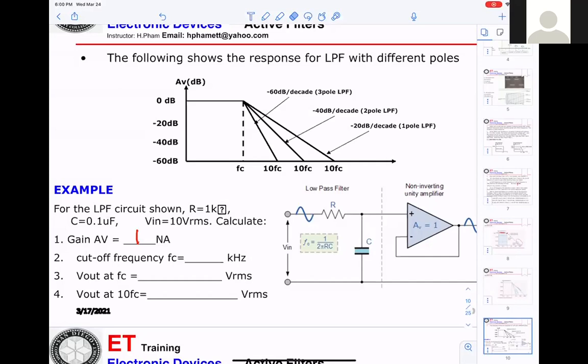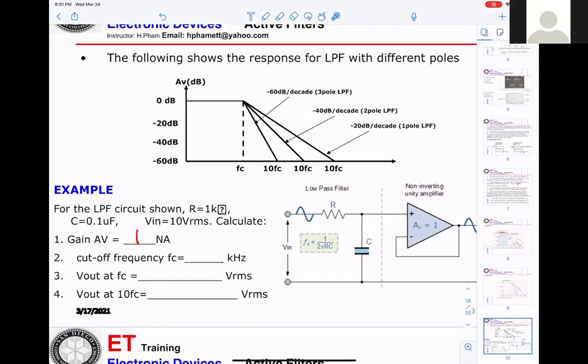And now you have to do it for me to get the cutoff frequency. You know the values they already gave you right here. FC equal 1 over 2 pi RC. Go ahead and do a calculation for me. 1.6. You say 1.6.